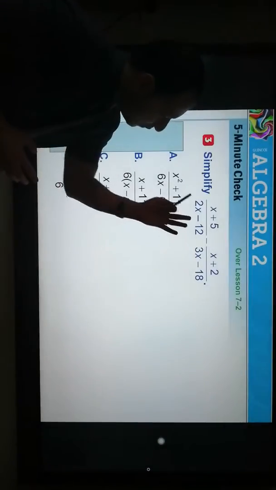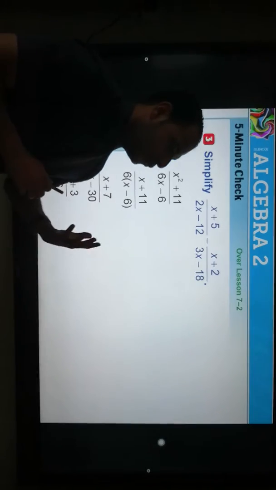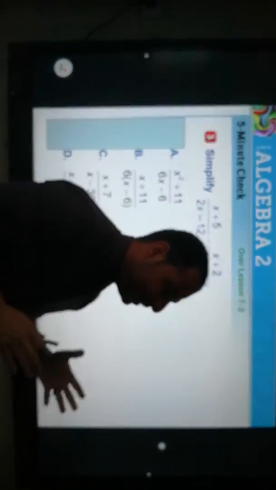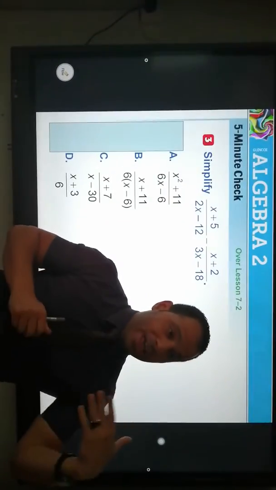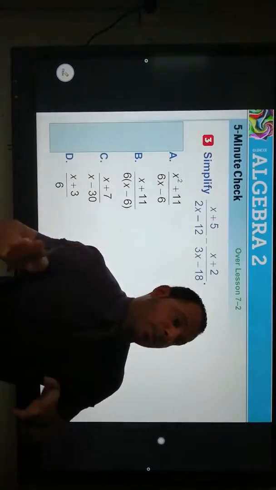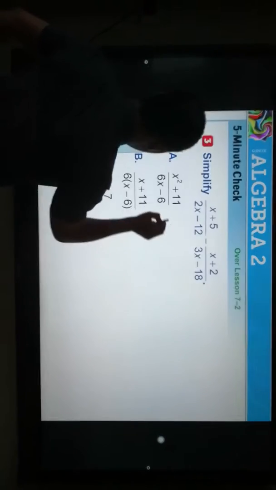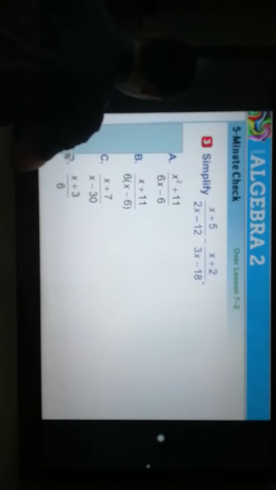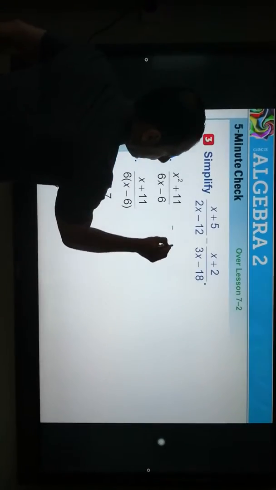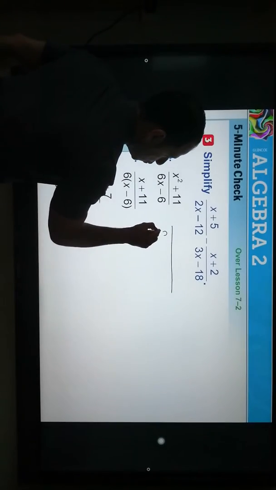We have two denominators, but we must take the common factor to get a common denominator. If we have to simplify by getting the common factor, you must use factorizing first. The common factor here is what? Yes, 2.